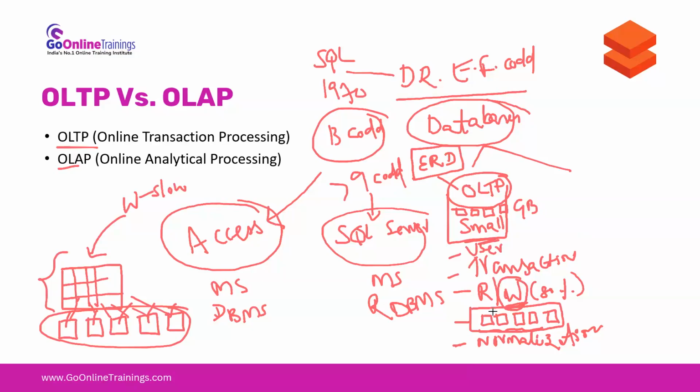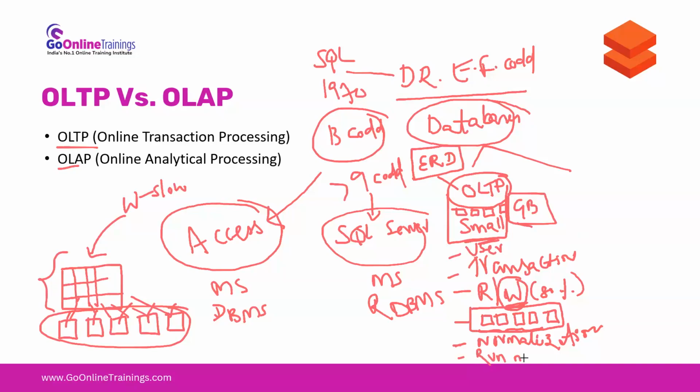But as of now, we should know OLTP refers to a database, and this categorization was given by Dr. E.F. Codd. OLTP databases are small in size, maybe gigabytes of data. All the customers are connected to these applications, and we use OLTP databases to run my business.